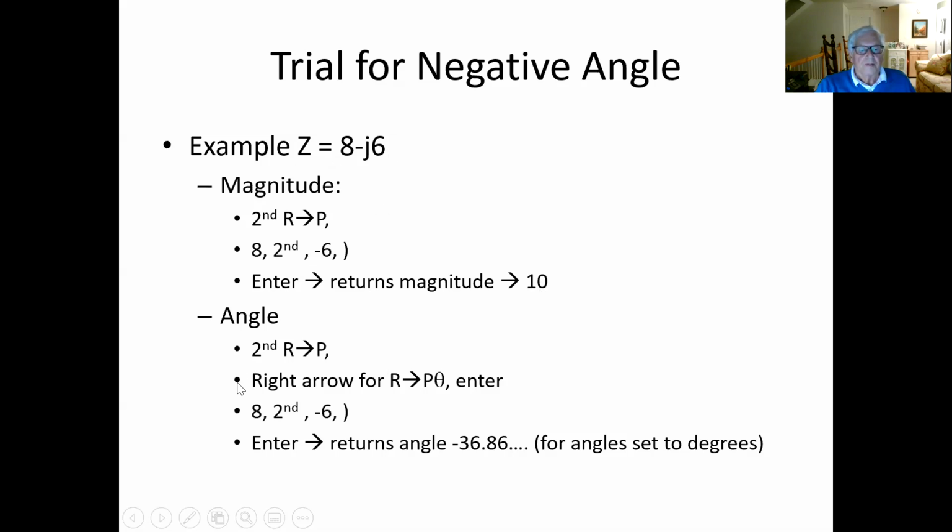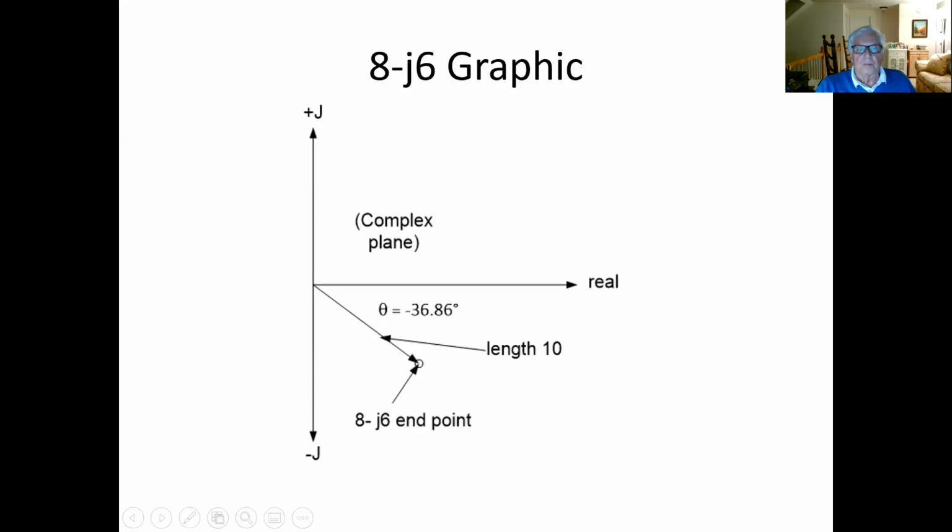And then if you figure out the angle using this process, you come out with minus 36.86, because you're taking the arctangent of minus 6 over 8. And you end up with graphically something that looks like that. So if you have to draw a graph, if it's a current or an impedance, that's what that looks like.